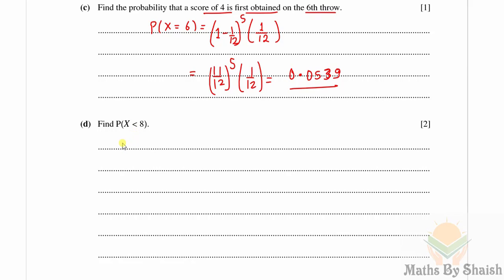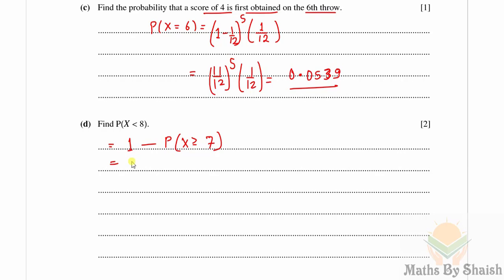So the better way is to calculate the probability that it requires at least 7 throws to get the first success, and then subtract it from 1. So it indirectly gives the value of probability of x less than 8.